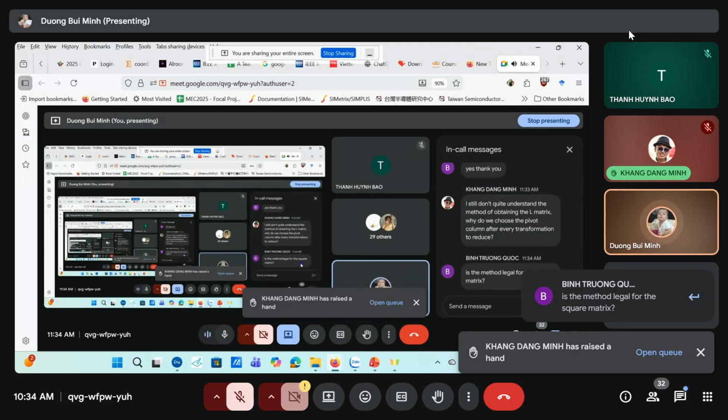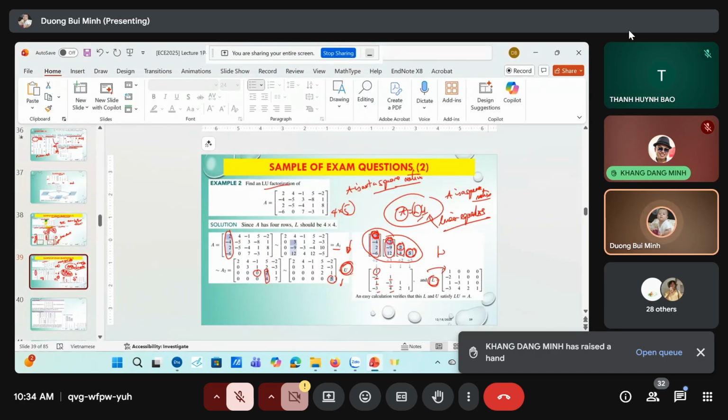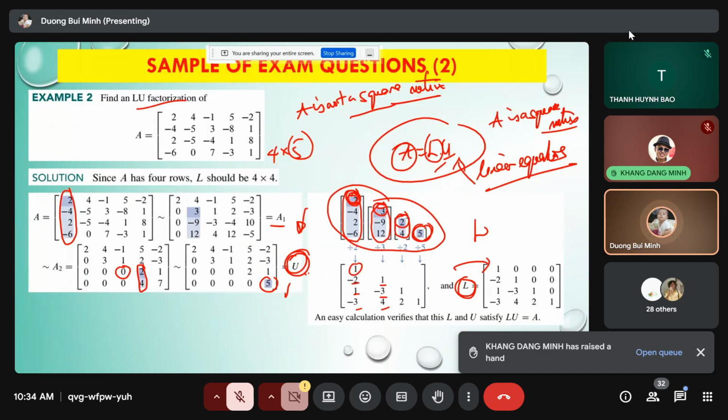It's just a method. Make sure the leading entries are one for ease, but of course you can keep this one, that's okay, no problem. But we hope we can get the leading entries to be one for easy calculation in further steps. So just divide this to get one.